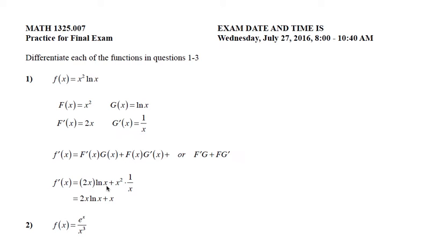And the first term here is easy to simplify. All you really do is just remove the parentheses, which you didn't necessarily have to have there, but I put them there to emphasize that that's a separate function from the natural log of x. And then the second term is x squared times 1 over x. Well, x squared times 1 over x is x squared over x, and that simplifies to x.